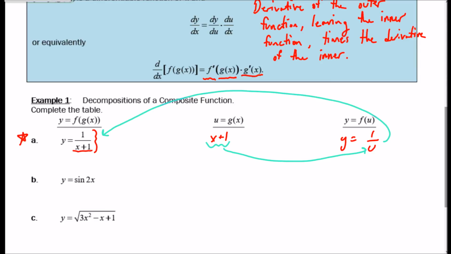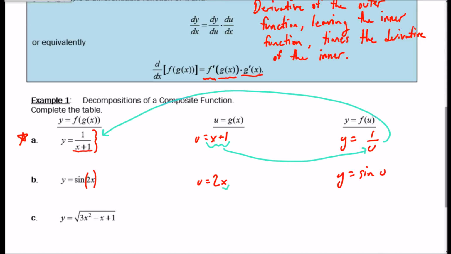Same thing with example 1 part b. If I put parentheses around this 2x, it's a little easier to see that u equals 2x. My outer function would be y equals f of u, so it's the sine of u.